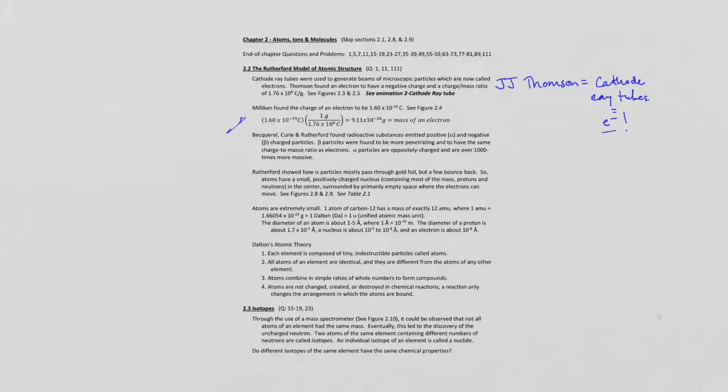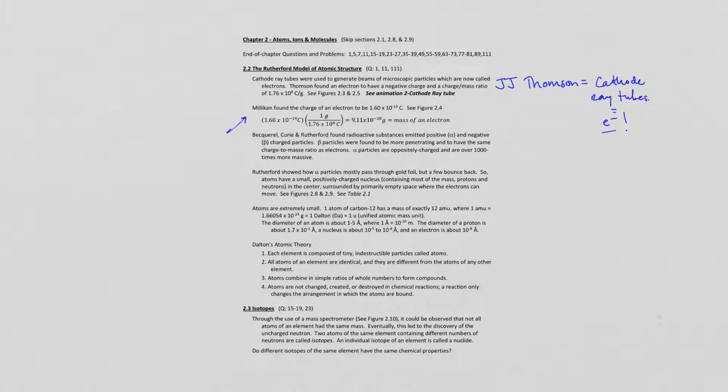Okay. Millikan, another scientist and discoverer, performed an experiment where he would place an electron on a drop of oil and levitate that drop of oil with a very large magnet. Based on the charge on the magnetic plate, when he could get the drop of oil to levitate, he could determine the charge of the electron that was on the oil, because that was the only charge that was present.